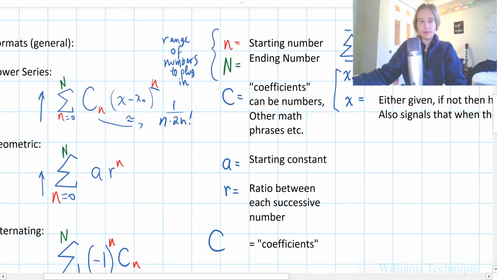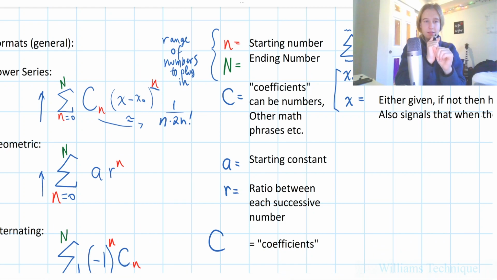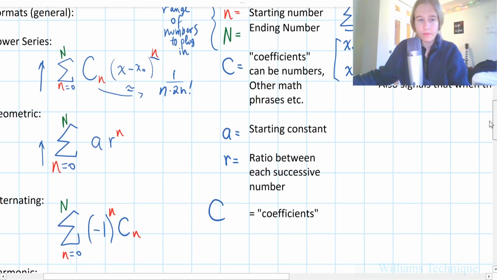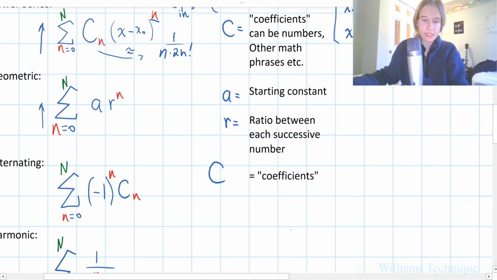Essentially, a is the very first term in the series, and r can be found by dividing each phrase by the phrase that came before it, like the second phrase by the first. That gives you the ratio, and that's the geometric series.